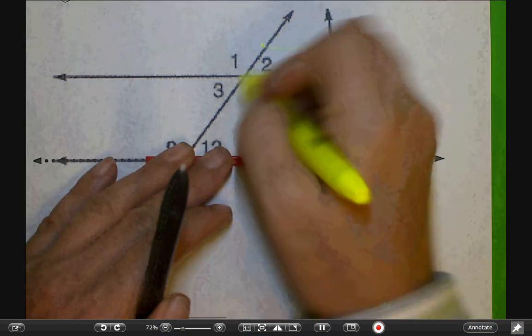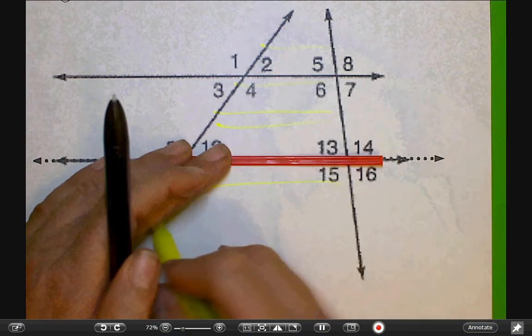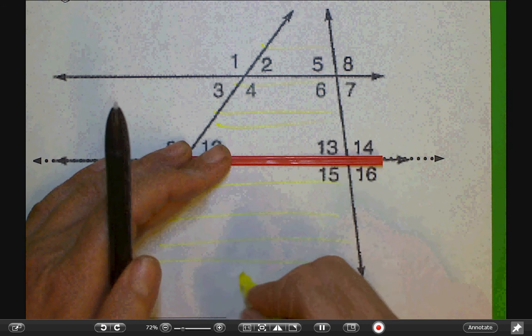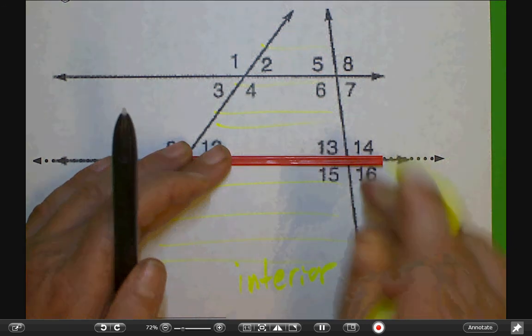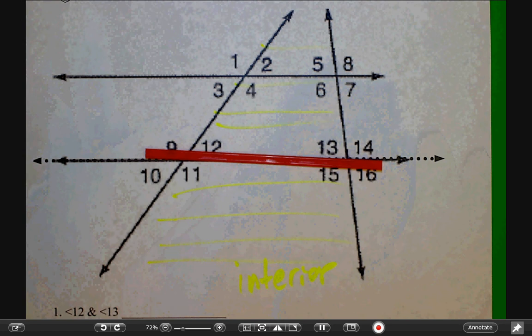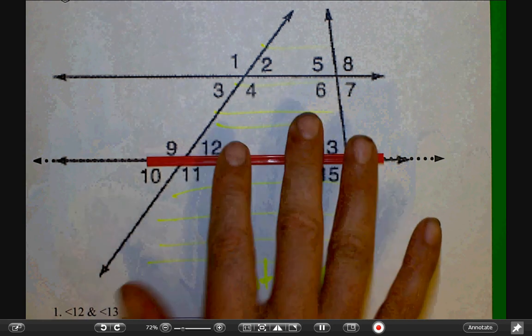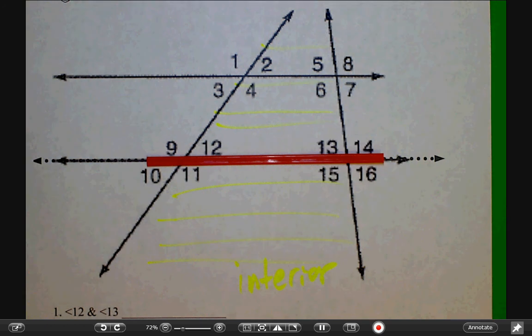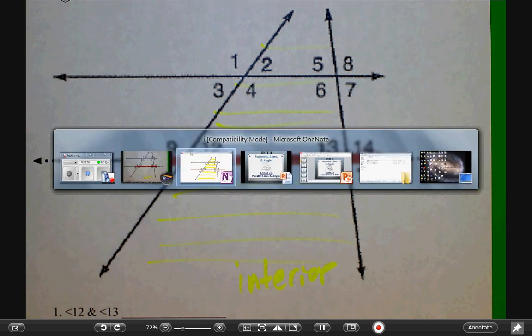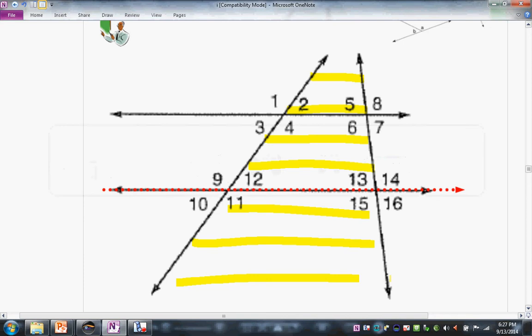So that means this is now considered the interior. Let's do our angles. First, we have angle 12 and 13. Sweep it.